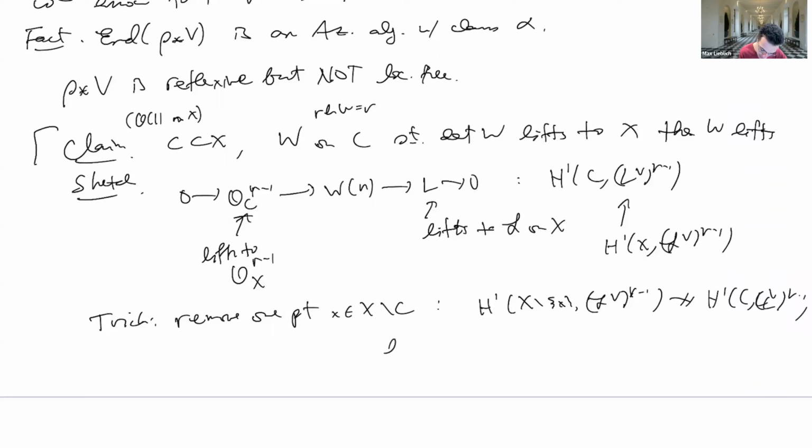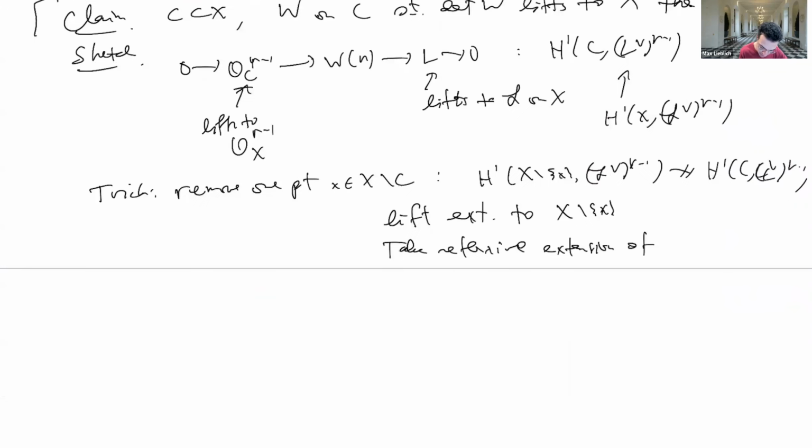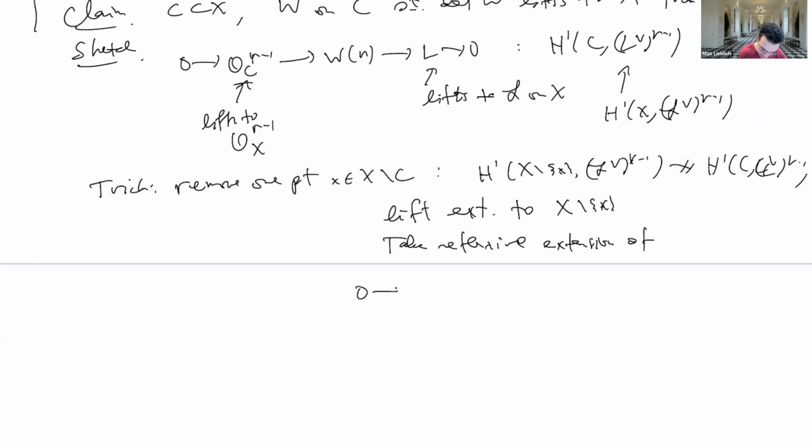And so we can lift the extension to X minus little x. And then we can just take the reflexive extension of the middle part. Do you know what I'm trying to say here? We've got O_U to the R-1 goes to some curly V, goes to this L, goes to 0.